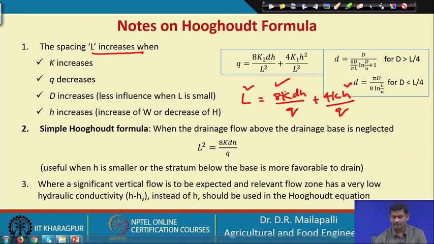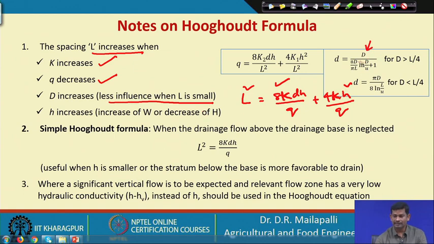When k increases, L is going to increase, and when q decreases, then also L is going to increase, and when capital D increases. There is less influence when L is small, that means you are coming here.